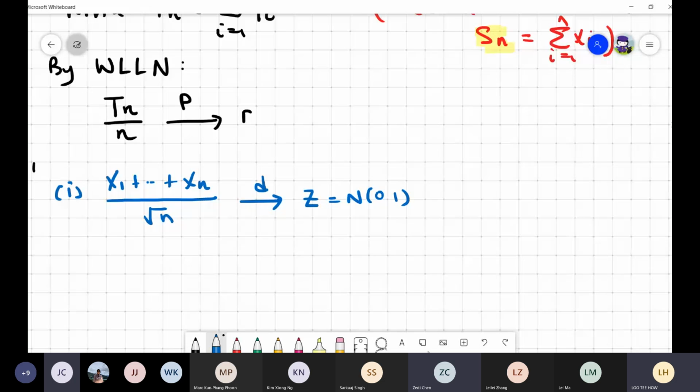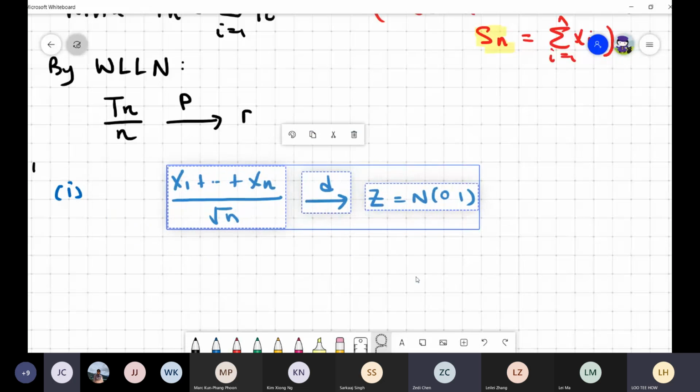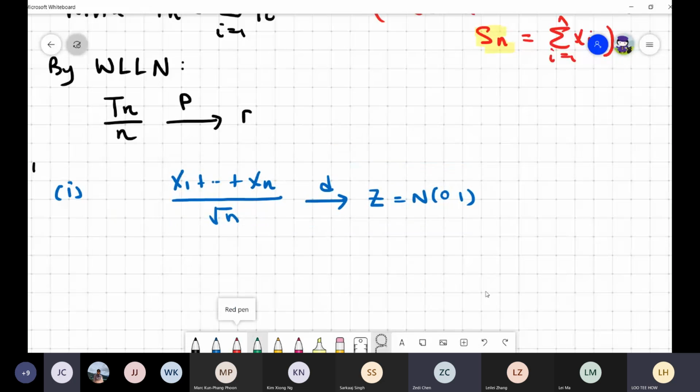If you find this confusing, this symbol is too complicated. What you can do is simply let this one be Vn, so that you just represent this with one random variable Vn. This is what we have done in part 1.